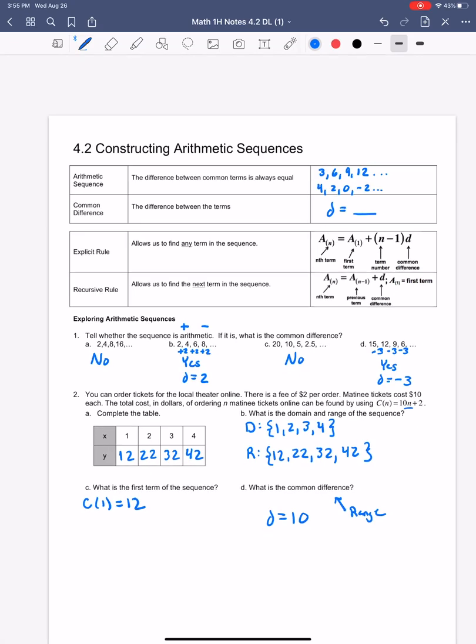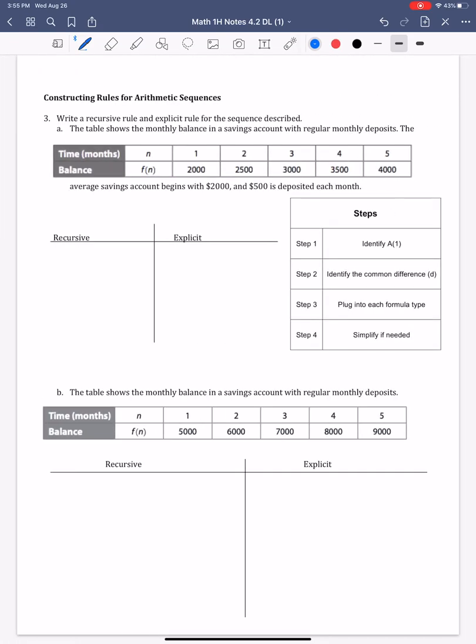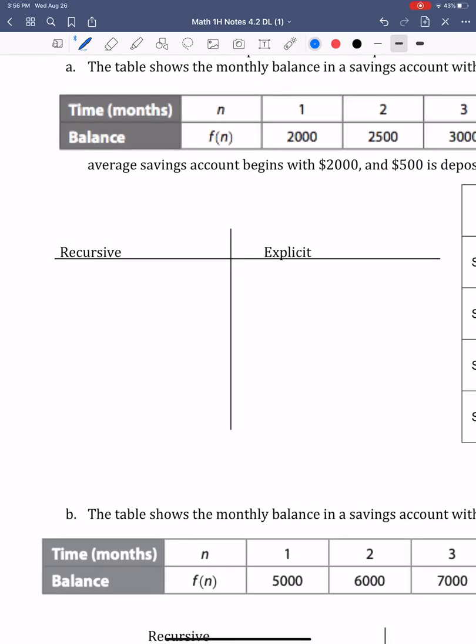All right, keep moving here. We're going to start to set some of these up. They're going to give you a table and they want you to write these arithmetic rules. There's two kinds, remember from the table before. I'm going to go ahead and write what those pieces are, just because we can't see them on the screen right now. Okay, so from the other page, the recursive looks something like this.